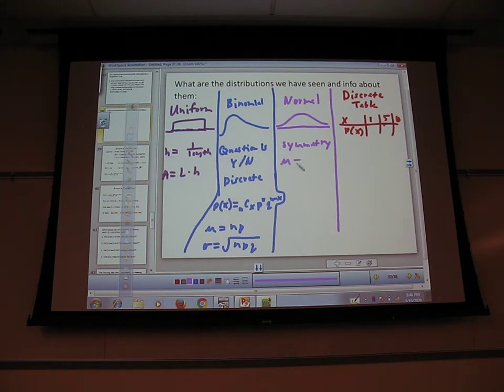Oh yeah, so the mu and the standard deviation are given. Mu given. Standard deviation given. Good.